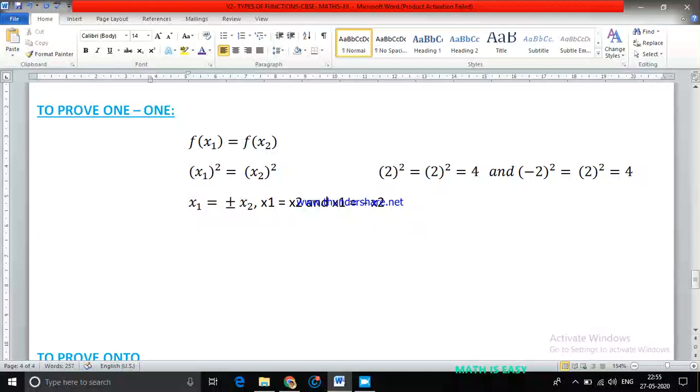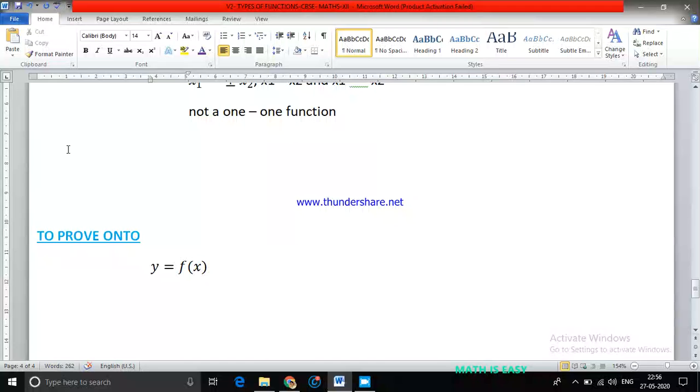Both ways are possible. So two distinct elements are mapping to the same image. That's why it is not a 1-1 function. Simply put, 3 maps to 9, -3 also maps to 9, 5 maps to 25, -5 also maps to 25. So two distinct elements have the same image. That's why it cannot be a 1-1 function.